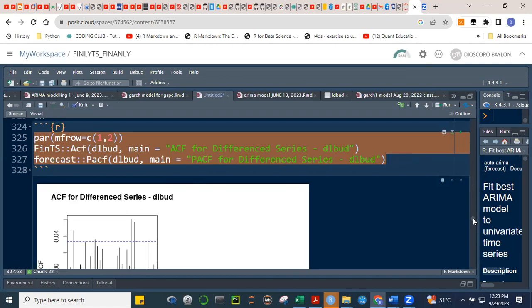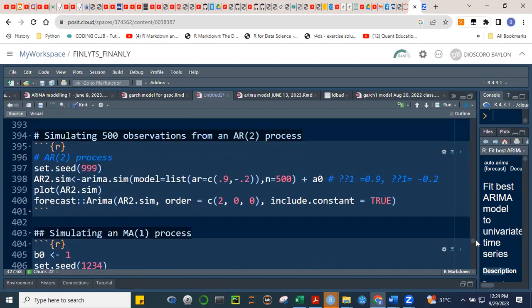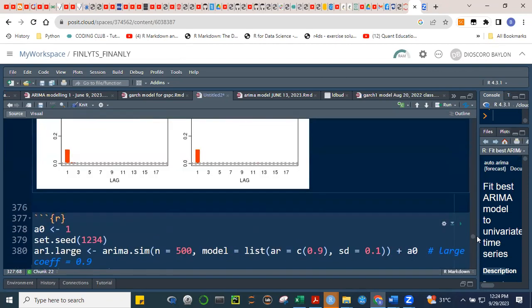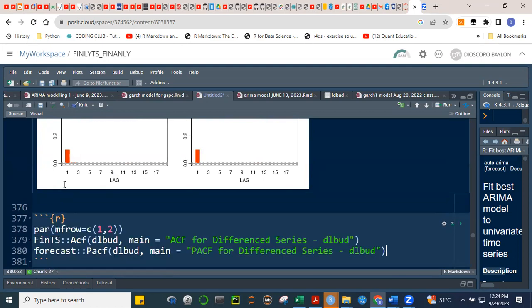Control C. I'll put it here below. And then I'm going to replace this with AR1.small. This one also AR1.small. Okay?